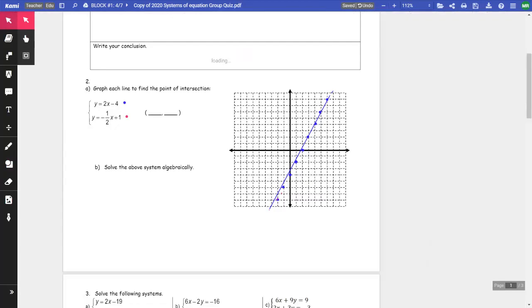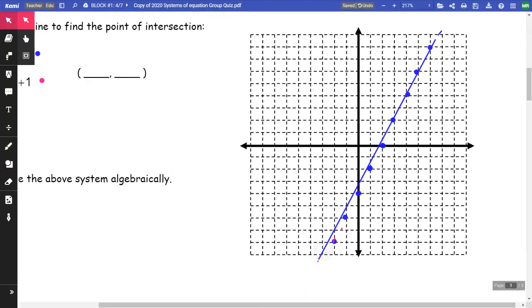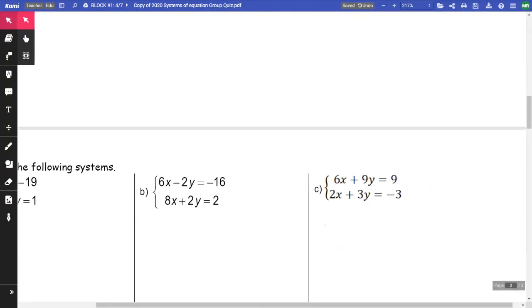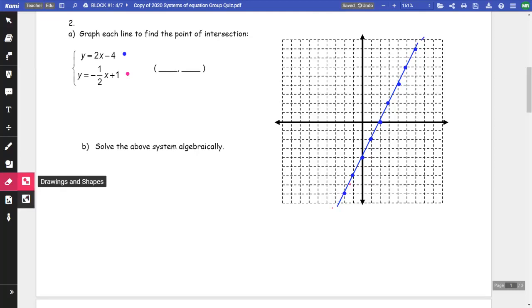Okay, so that is one line. Now I have my other line. Let me just get rid of maybe this pink here.